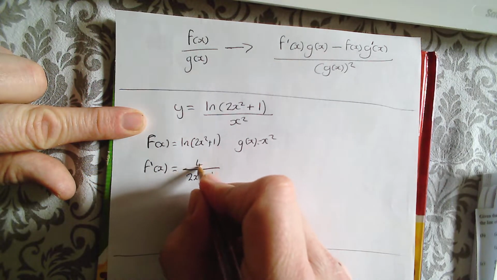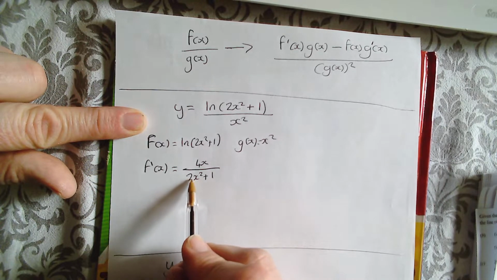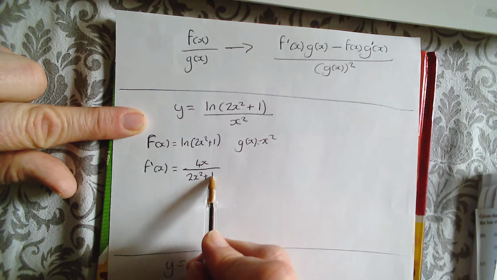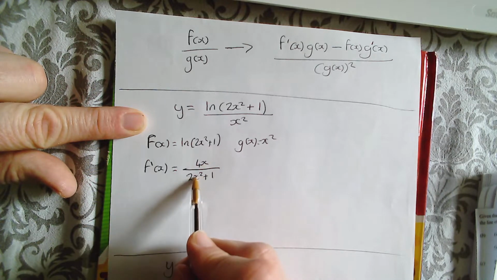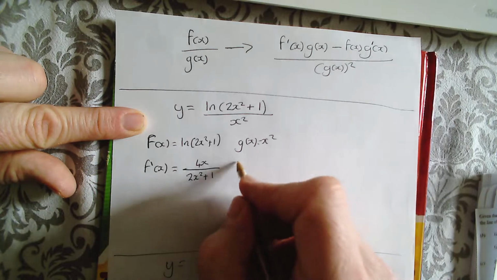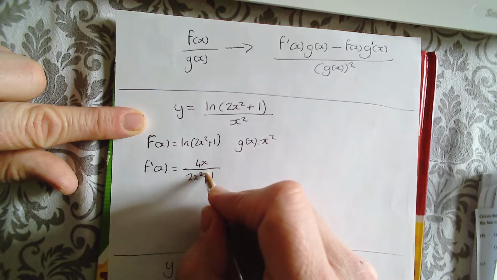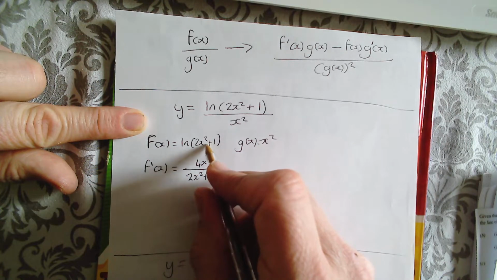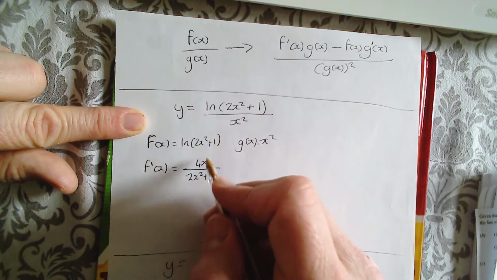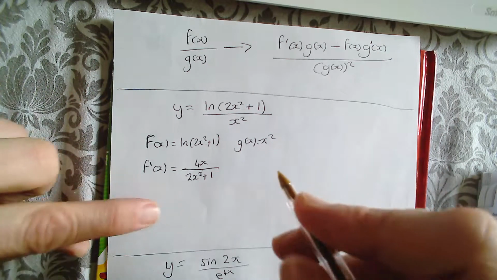Well, how did I do that? I know if the top is the derivative of the bottom, then it's going to form ln of the bottom. That's worth remembering. That's a very useful rule, integrating from there to there, or differentiating from there to there. It's a really useful rule.